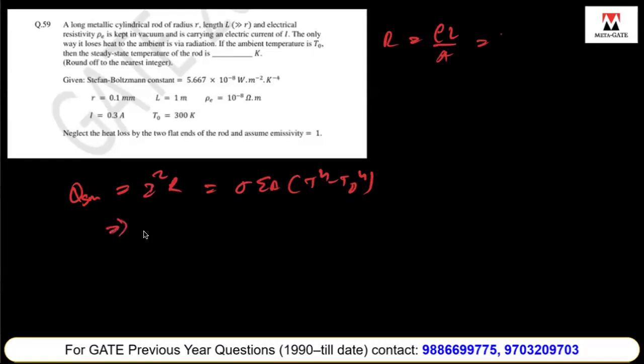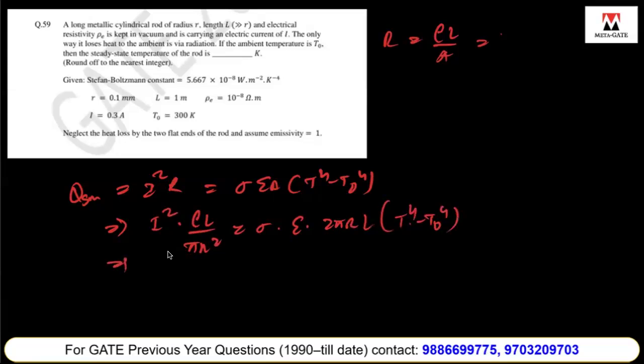So you'll get I square into rho L by pi r square is equal to sigma into epsilon into 2 pi r L, because this is the surface area on which it is happening. So it is T power 4 minus T naught power 4.